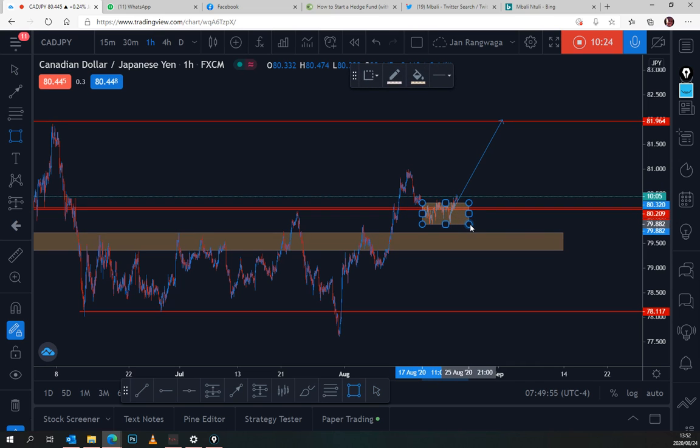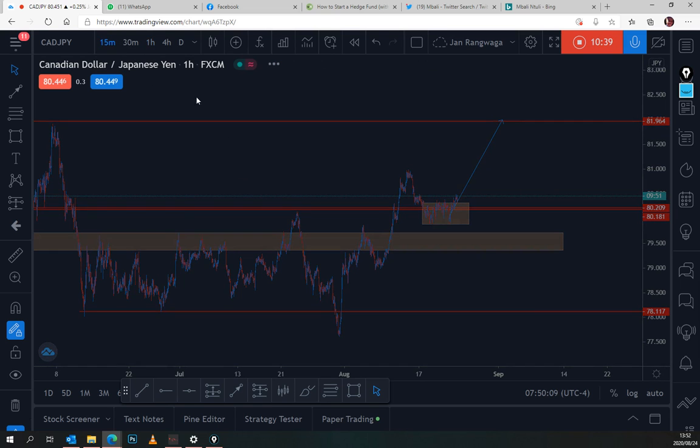It consolidated here, and then it broke out, retested. Now it's going to shoot up. Let's look for entries now.